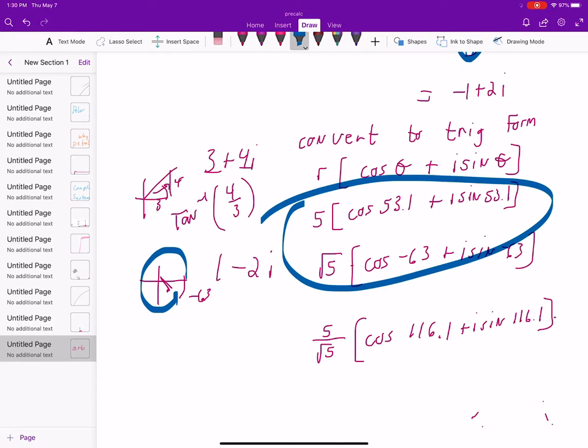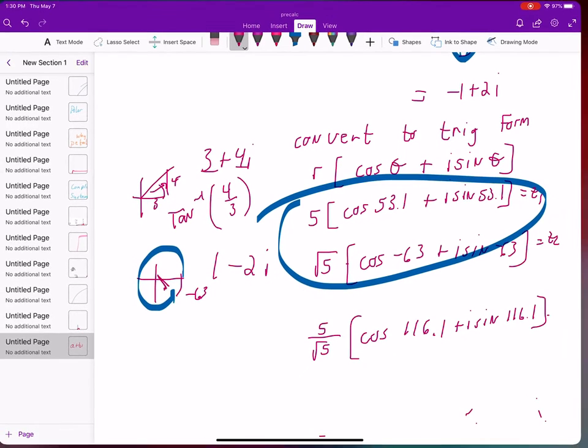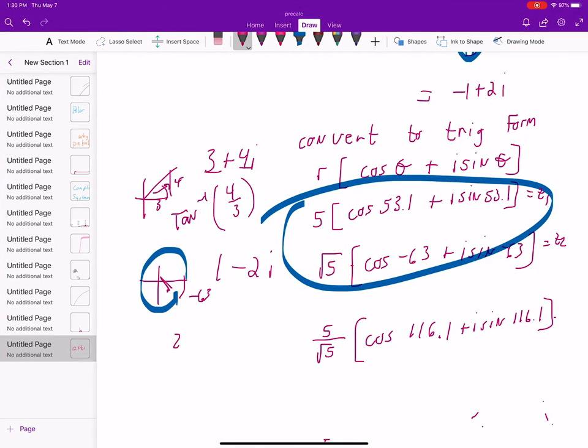116.1. So that would be the result of taking these two right here and dividing them. So if I say this one is Z1, and we'll call this one Z2, this would be the result of taking Z1 divided by Z2. And we should rationalize this, clean it up a little bit here.